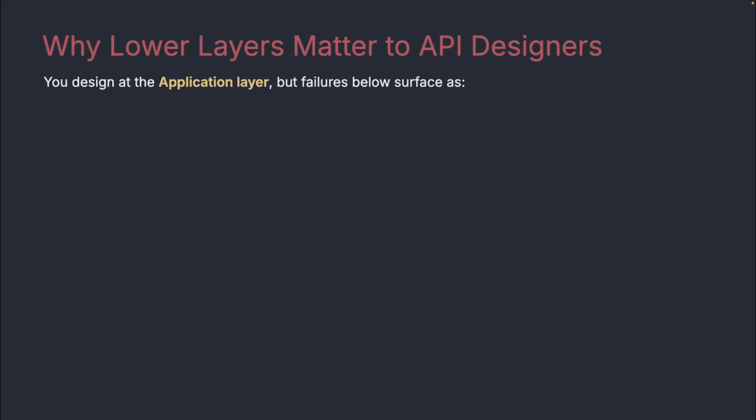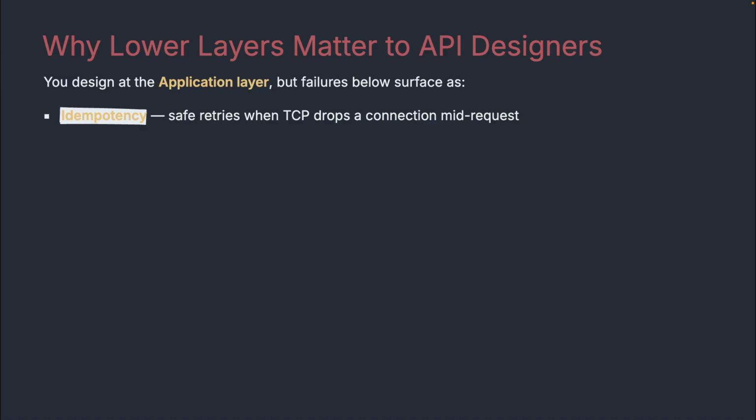Now, why do lower-level layers matter to designers? You design on the application layer, but failures could actually happen in different areas, and we need to think about that. If a connection drops mid-request, we need to retry that request, which could cause duplicate data. We need to be careful. That's the idempotency question.